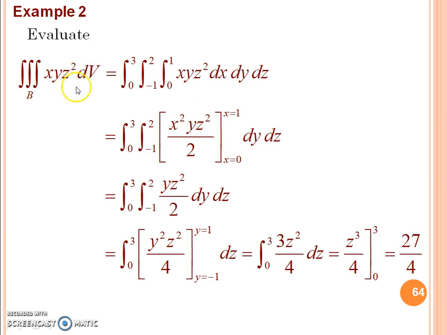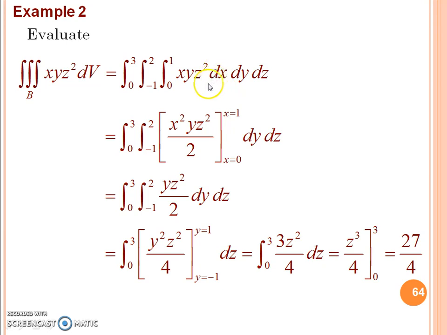Similarly, here is the second example: the limits are 0 to 3, minus 1 to 2, and 0 to 1, and the function is x, y, z square. Here all three limits are constant. We have to decide which limit is for x, y, z. In the last lecture we saw the same type of example in two dimensions, in double integration.